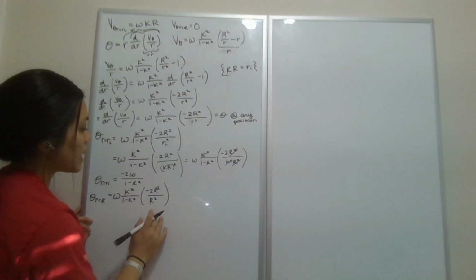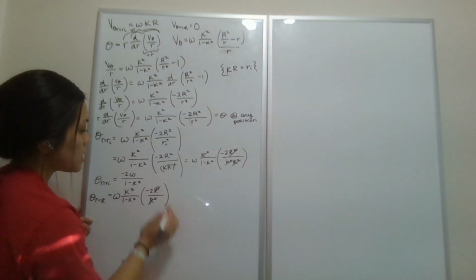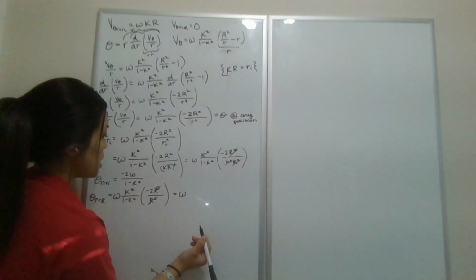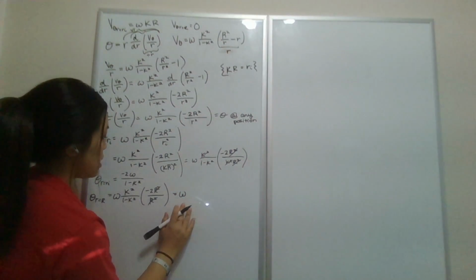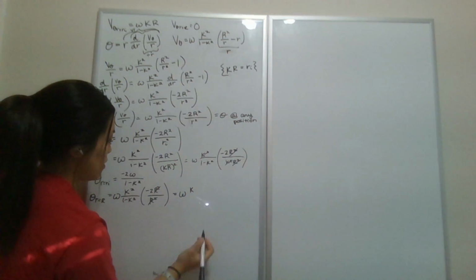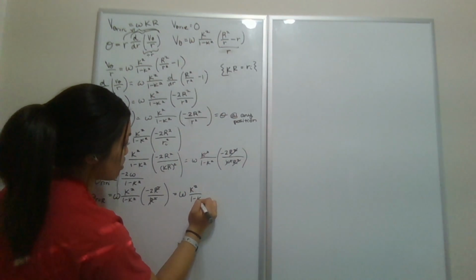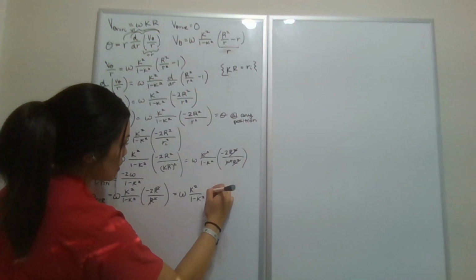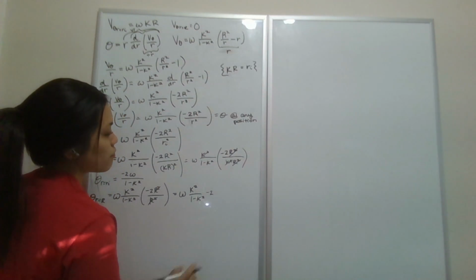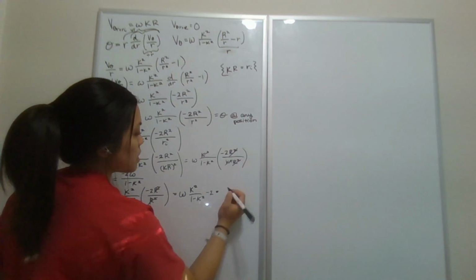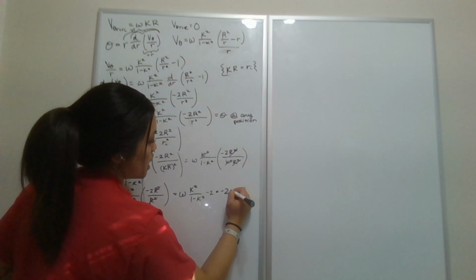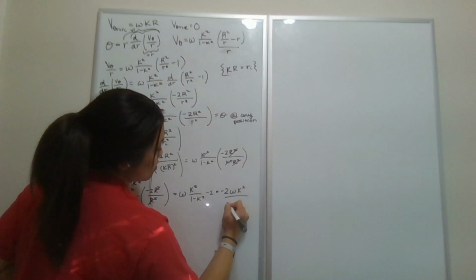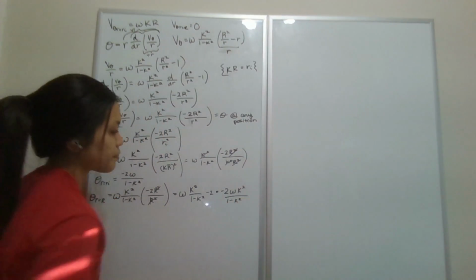And so we can cancel out this outer radius here, and that's going to leave us with the angular frequency times the proportion between inner and outer radii squared divided by 1 minus this proportion squared times -2. So bringing the -2 out front and simplifying it a bit, we are left with -2 times the angular frequency times the proportion between inner and outer radii squared divided by 1 minus this proportion squared.